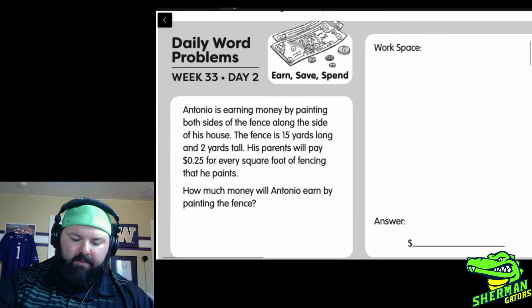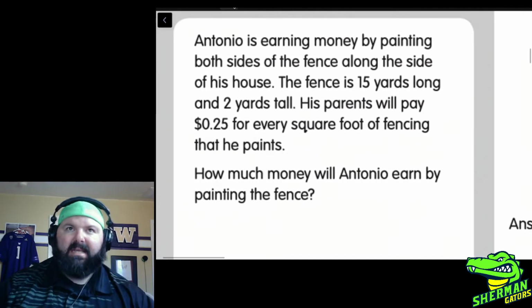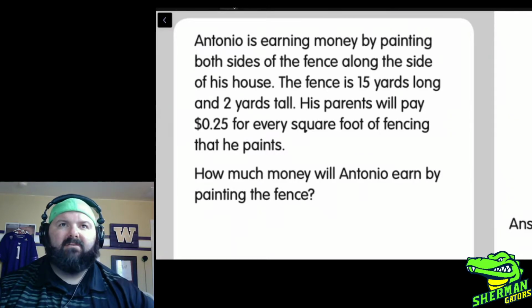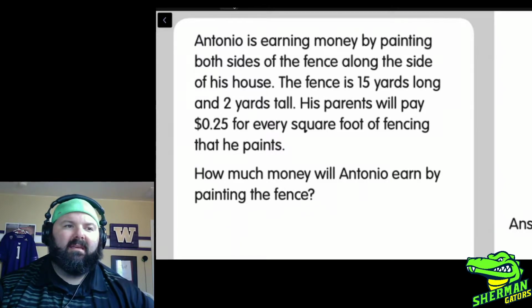On the daily word problem, it's day 2 about saving some money. It says that Antonio is earning money by painting both sides of the fence along with the side of his house. The fence is 15 yards long and 2 feet tall. His parents will pay 25 cents for every square foot of fencing that he paints. How much money will Antonio earn by painting the fence?